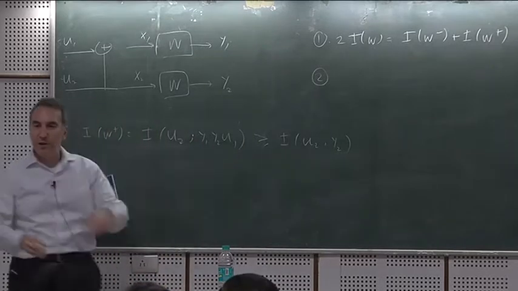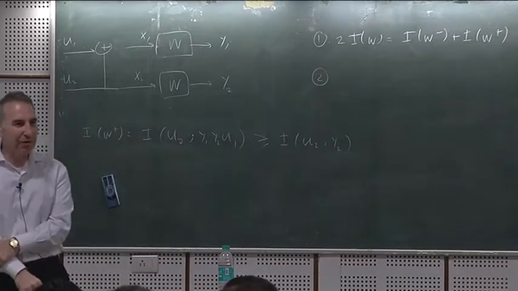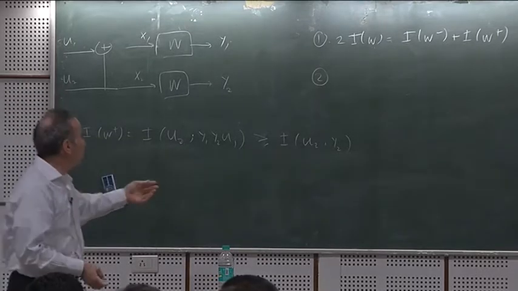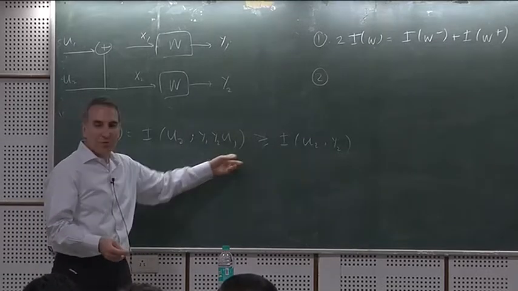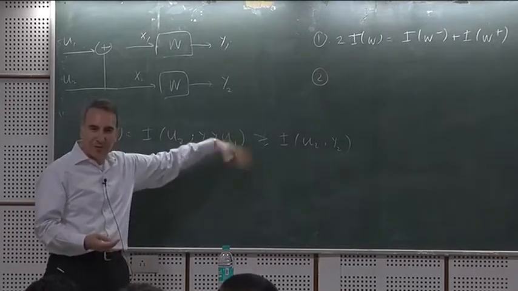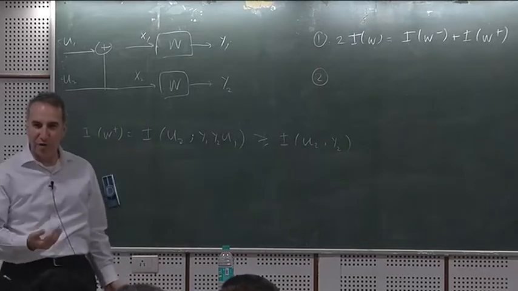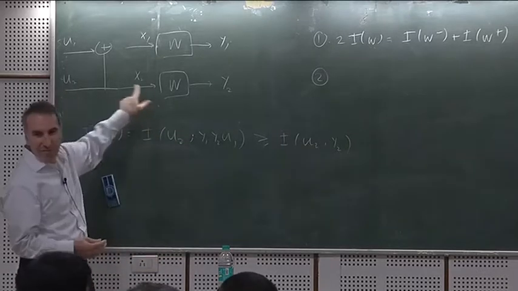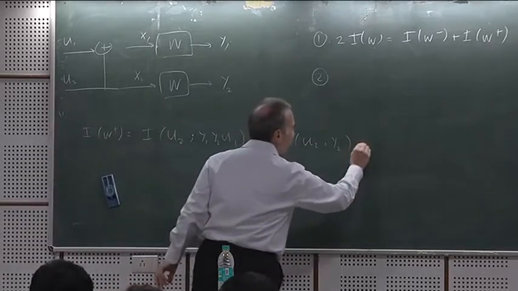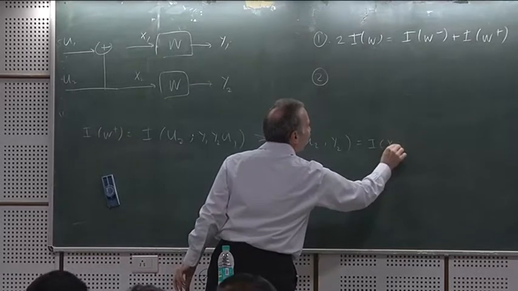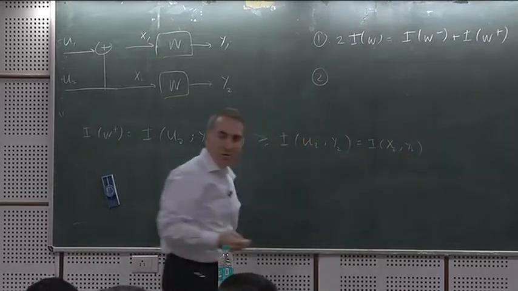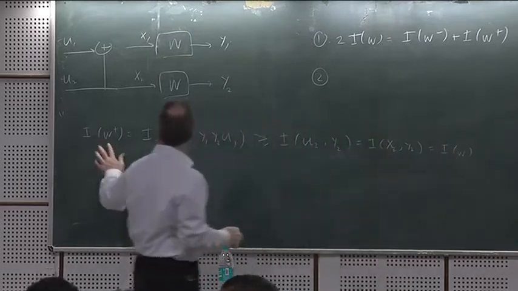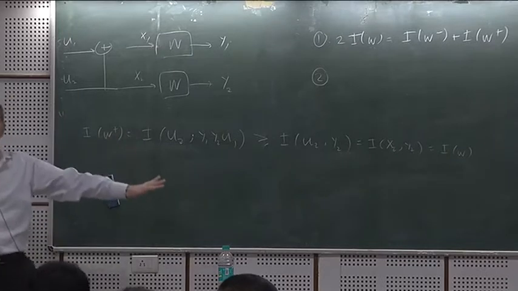If I remove some things from the output, I can't get any less mutual information, because this is how much information these three things tell me about U1. If I throw away some of these things, I must be reducing mutual information. But U2 is nothing but X2. This is the same as the mutual information between X2 and Y2, which is the same as I of W. Okay? So IW plus is more than IW.